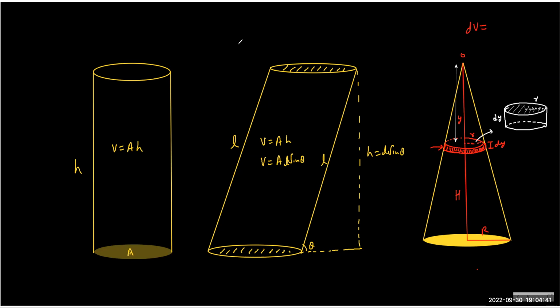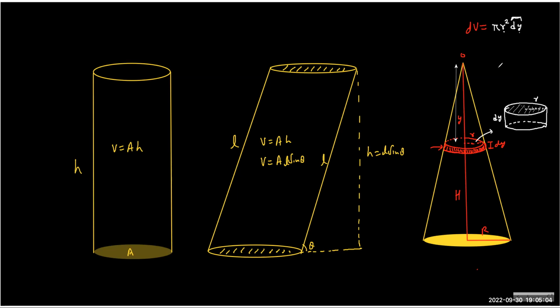That's it. What is the logical step? To make integration possible, you will remove the r. So first of all, you write the volume as pi r square dy, but this cannot be integrated unless we write r in terms of y, or we write dy in terms of dr. So there are two possibilities.